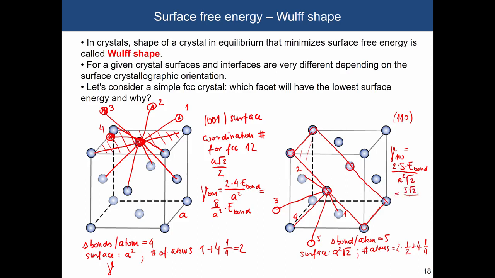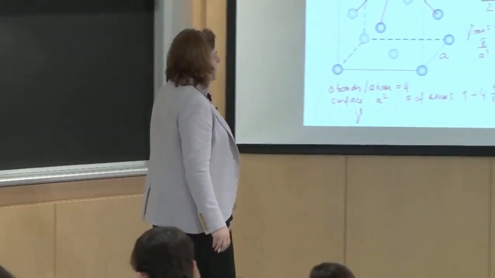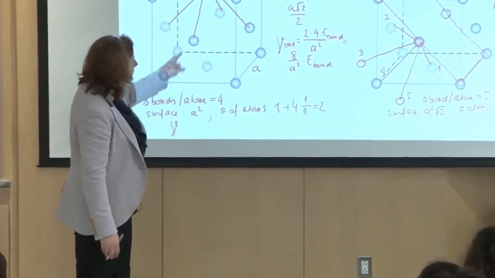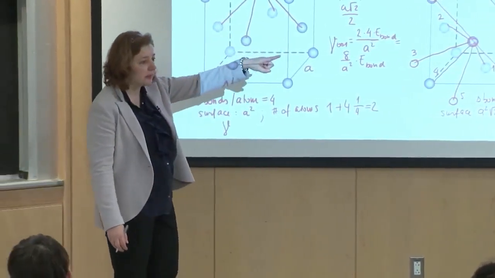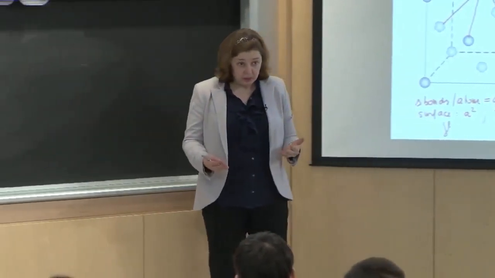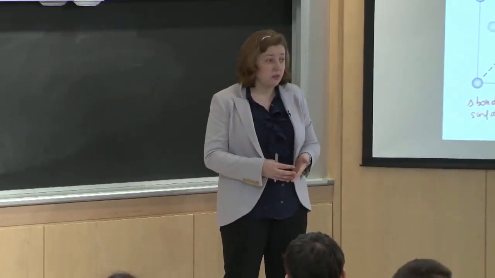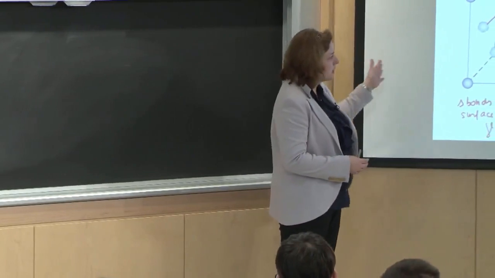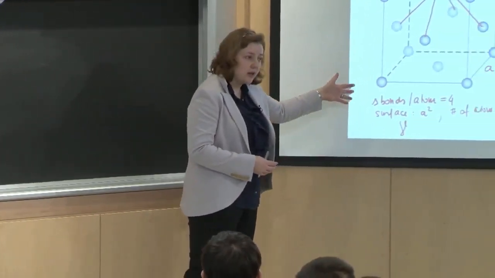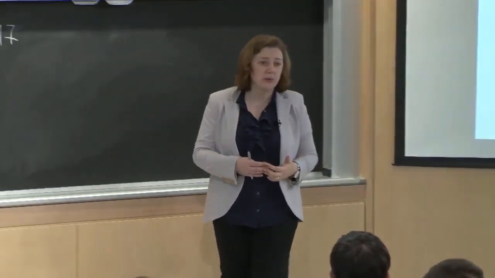And this is equal to 5 square root of 2 over a squared times the energy of a bond. Okay? So with this very simple exercise, we just calculated the surface energy for an FCC crystal along the 001 and 110 planes. In reality, there are many more calculations that one has to take into account, specifically the second nearest neighbors and details like that. But in general, this is the way things are calculated.